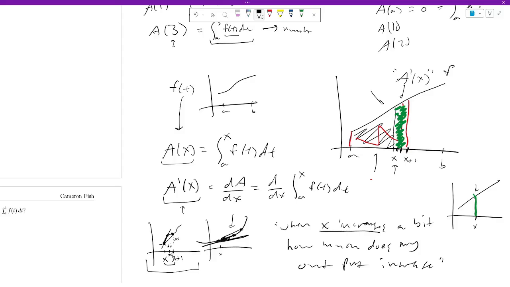Well, the height of this quote unquote infinitely thin rectangle is totally just f of x, right? Remember, this function was little f, so the height of this green sliver is totally connected to the actual height of the function at x.